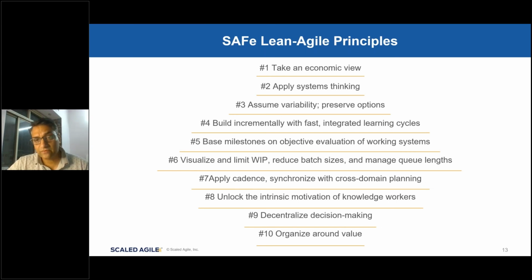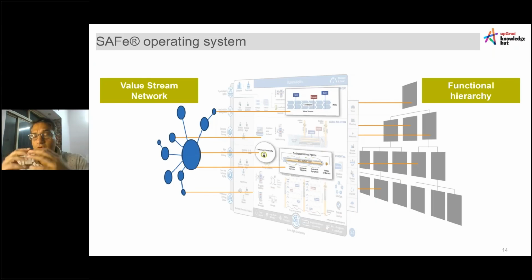Beyond these principles, we talked about value streams and systems thinking. It promotes what we call value stream networks. The hierarchy exists; we all have our different departments and divisions. What it tries to do is bring about an additional, what we call the dual operating system in SAFe.